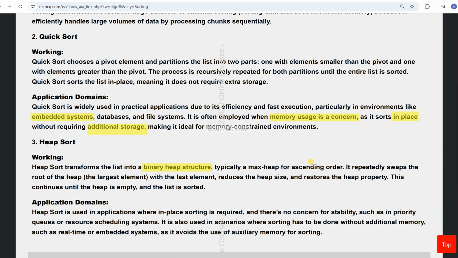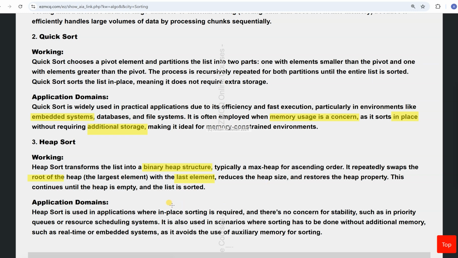So this is repeated: you remove the root, swap the root of the heap with the last element, and then there's the heap property, or heapify. The size of the heap decreases because one element has been removed, and this continues till the heap is empty and you have a sorted list.